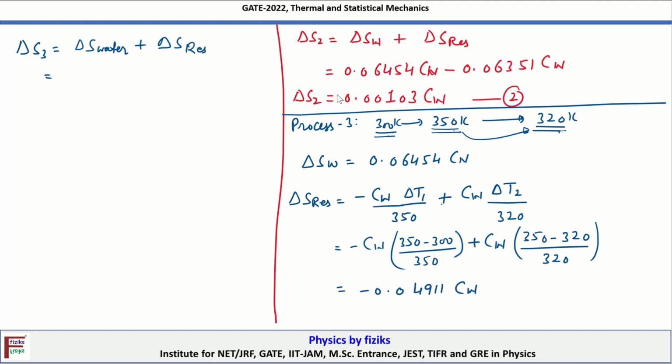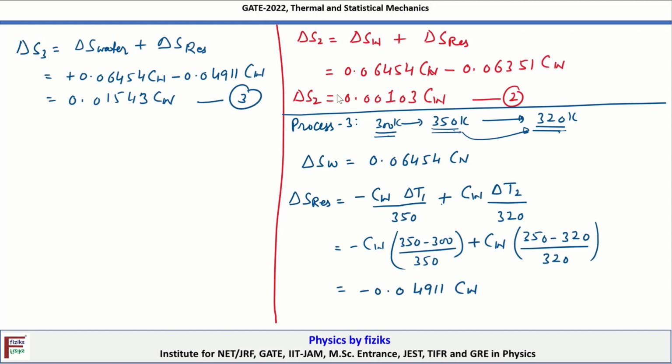So that is equal to 0.06454 CW, sorry, it's with a plus sign, and minus 0.04911 CW. Okay, so after solving it, we will obtain that this is equal to 0.01543 CW. So let's call this equation 3.